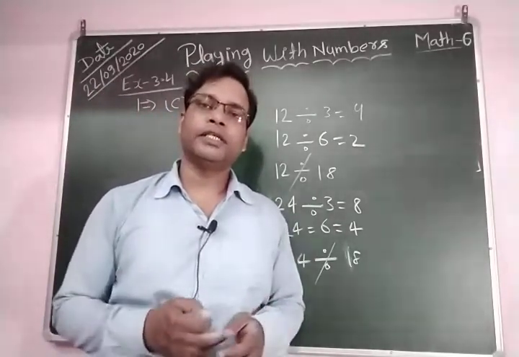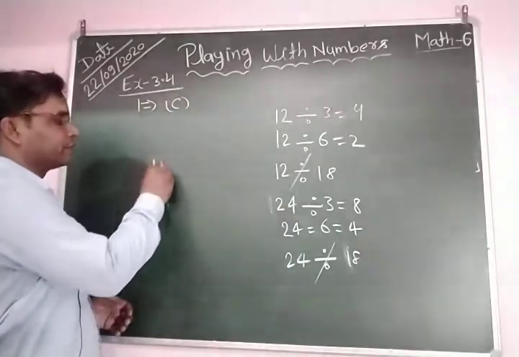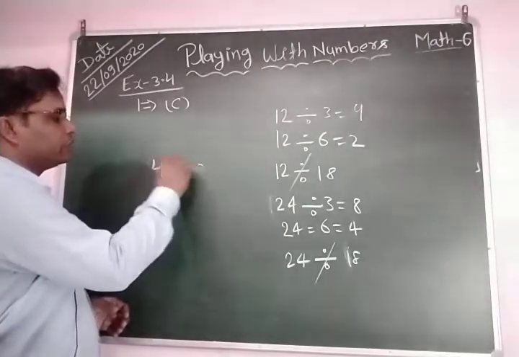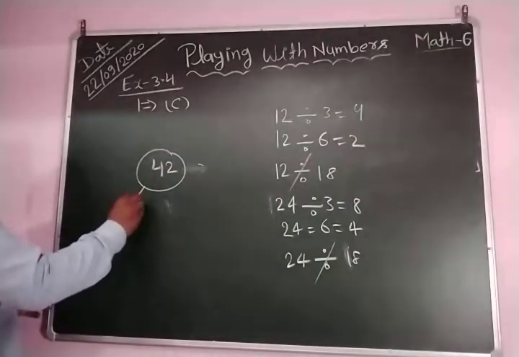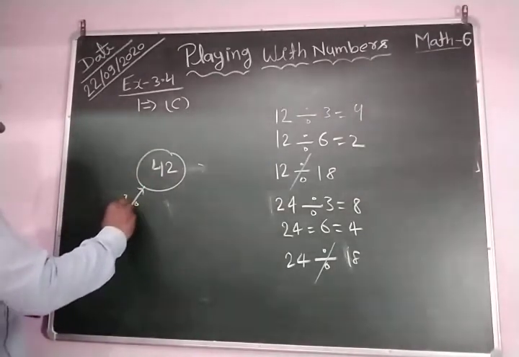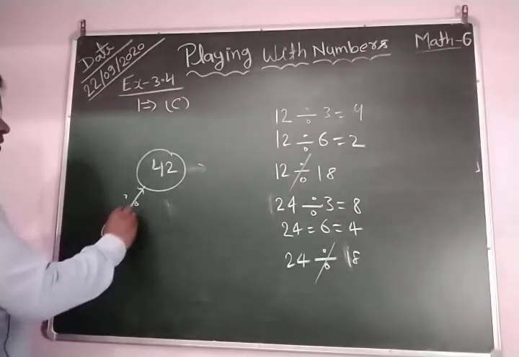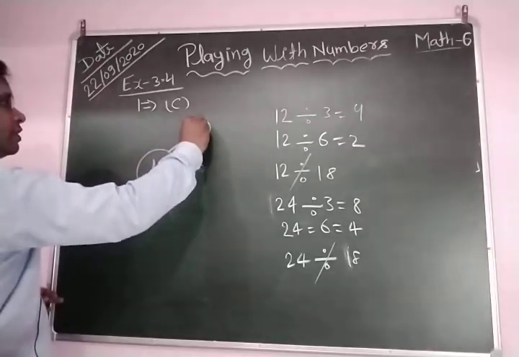So now we take another example. If we take a random number, 42, it is divisible by 3, and we obtain 14.